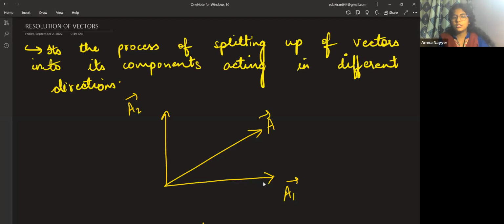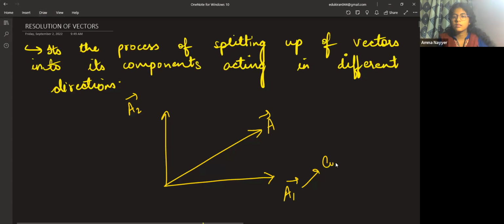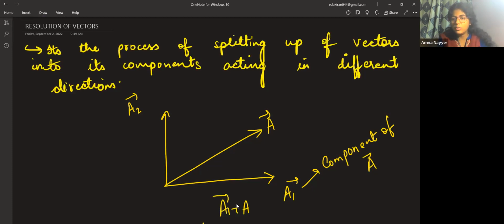These are the components of it. Means if you add A1 and A2 together, you will get your A back.